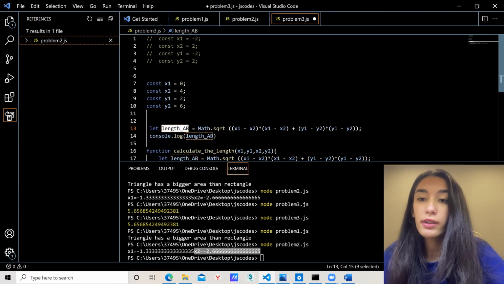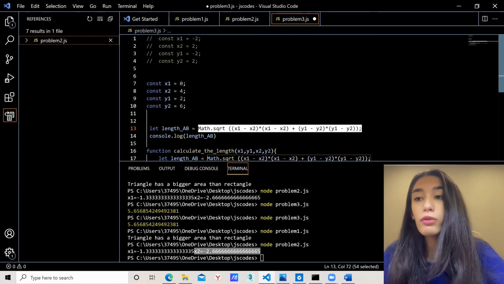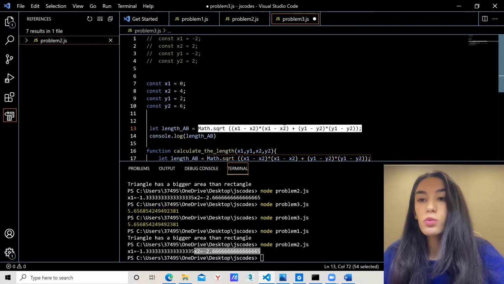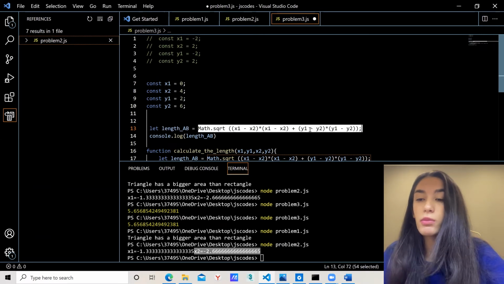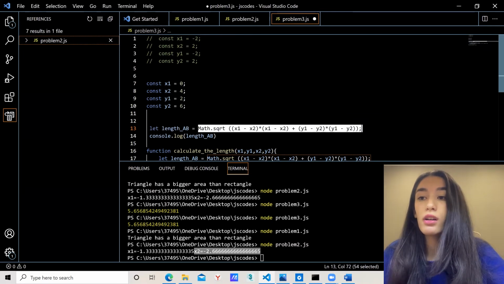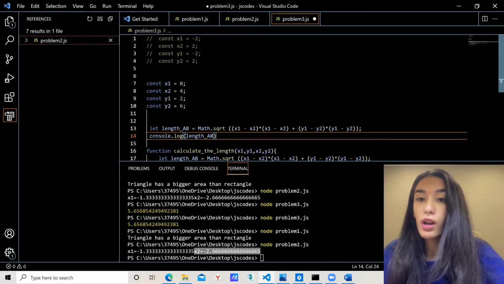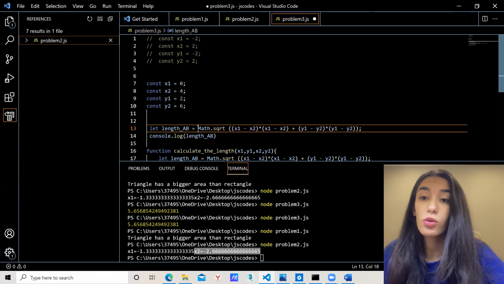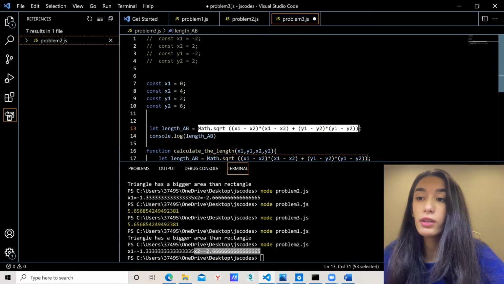And I'm telling that this variable length AB is equal to the formula for calculating the length of a line, which is square root of x1 minus x2 multiplied by x1 minus x2 plus y1 minus y2 multiplied by y1 minus y2. And I am telling the program to print the length AB. So it must print the value that we get after solving this.